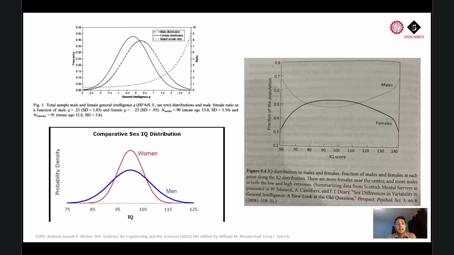On the lower end, we see the comparative sex IQ distribution. We can observe that the IQ probability density for women is higher than the probability density of men. And the second observation is that the probability distribution of men is wider.